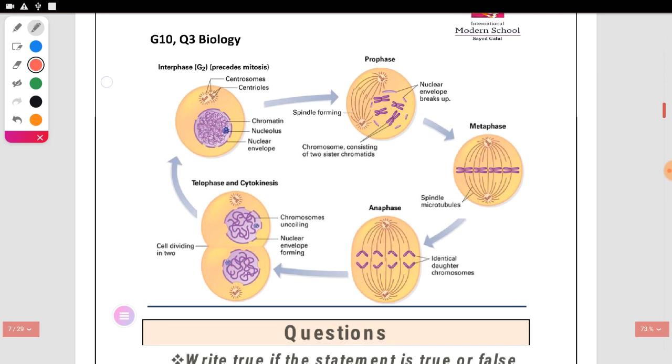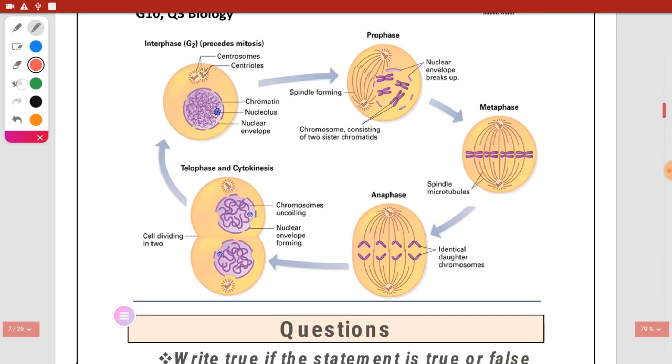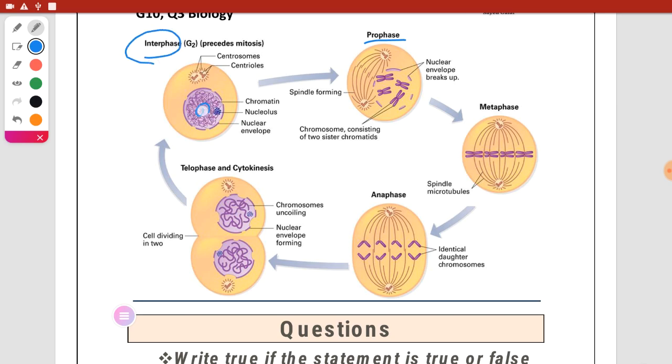So this is the whole mitosis division. It consists of prophase, here. This is the interphase, okay?